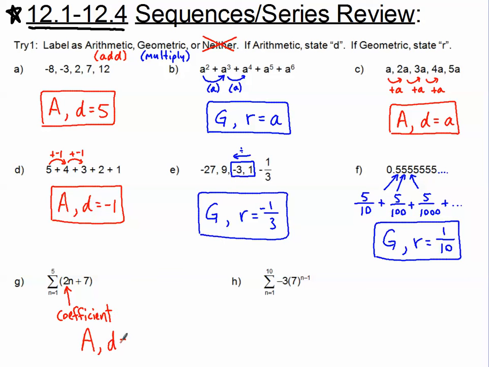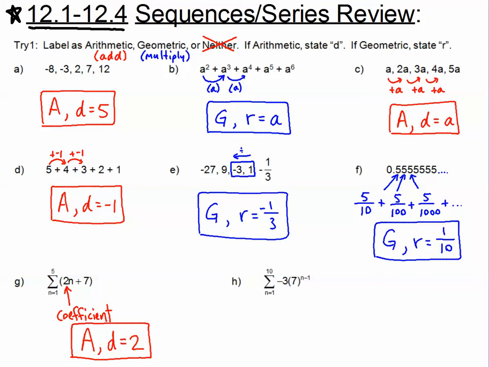And if it's arithmetic, we have a common difference, and that coefficient is what the common difference is. You do not need to find all of the terms of this series to discover that it is an arithmetic pattern. You just need to notice that it is a coefficient multiplied to your variable. And that coefficient will be that common difference.